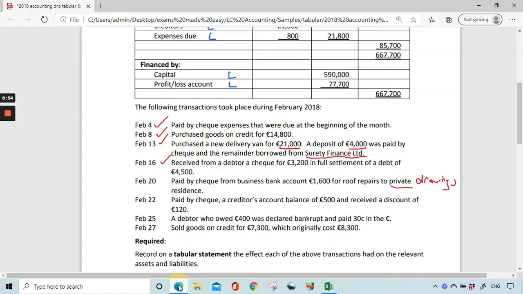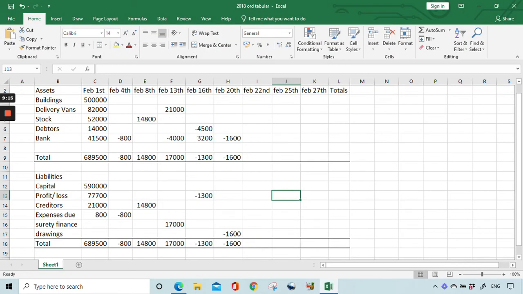February 22nd. So that's February 20th done. February 22nd, you paid by cheque a creditor's account balance of 500 and received a discount of 120. Okay, great. So you owed money to this creditor, €500. So first of all, your creditor is going to go down by €500.